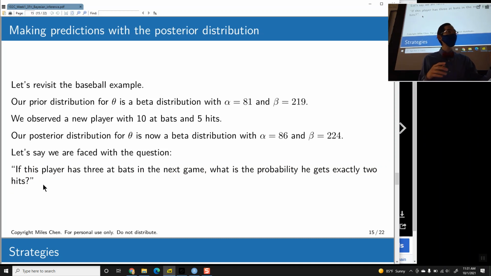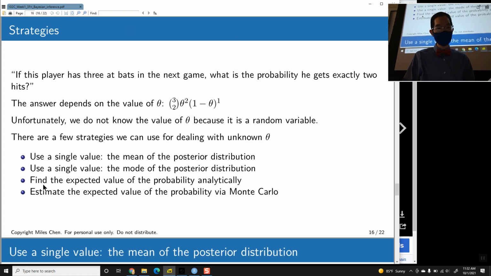You learn the binomial probability, you plug in, and you get the answer. This is the equation we would use: 3 choose 2, theta to the second power, 1 minus theta to the first power. That's the probability of getting 2 hits out of 3 at-bats if the probability of getting a hit at any one moment is theta.